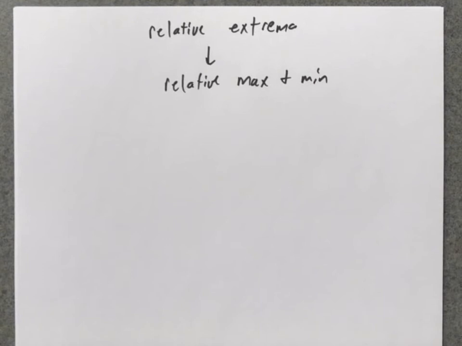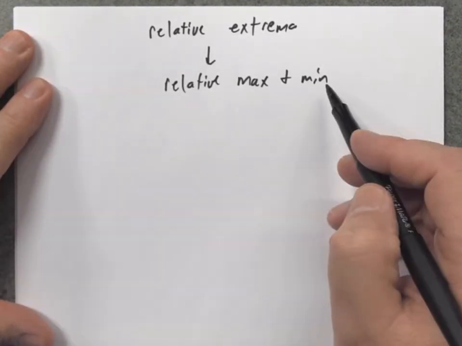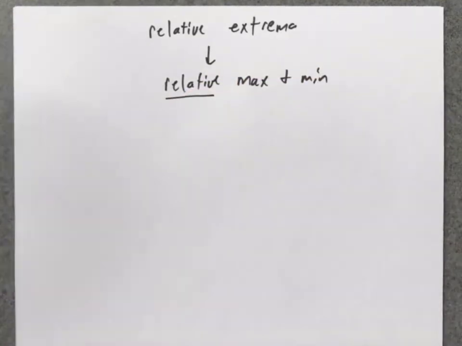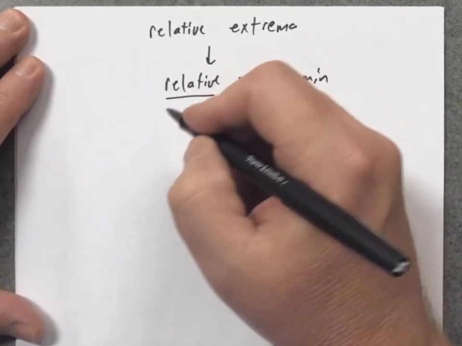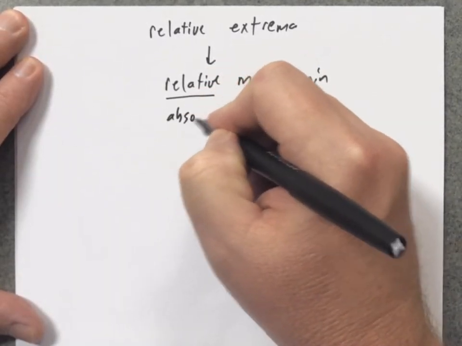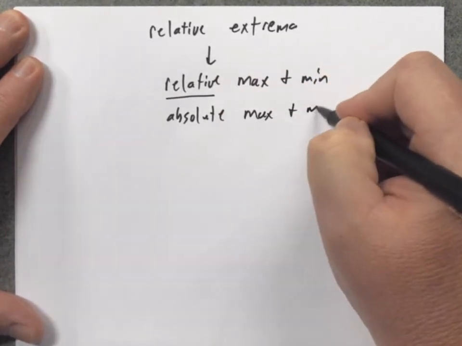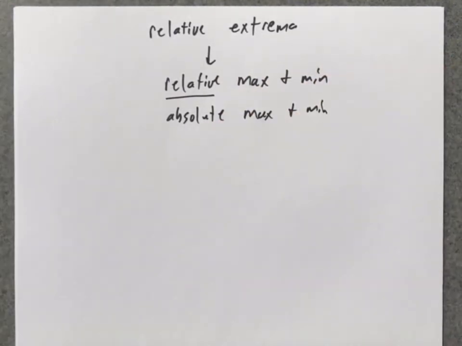The reason these are relative is because there's a second kind of maximum and minimum. We're going to talk about this more later on, but let me just introduce it now. There's what we also call absolute maximum and minimum. So these are two kinds of maximums and minimums.